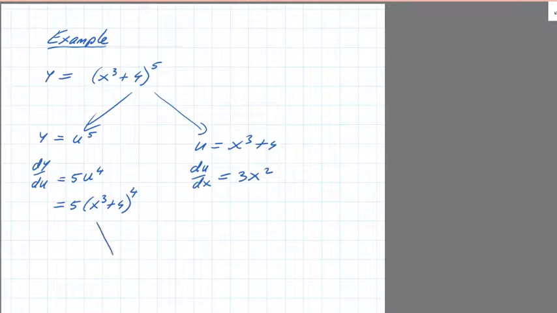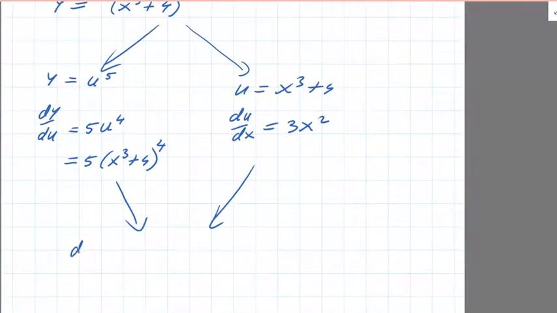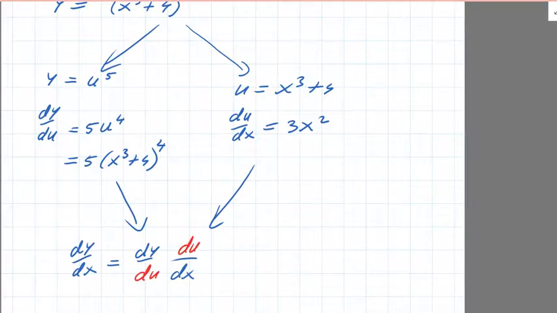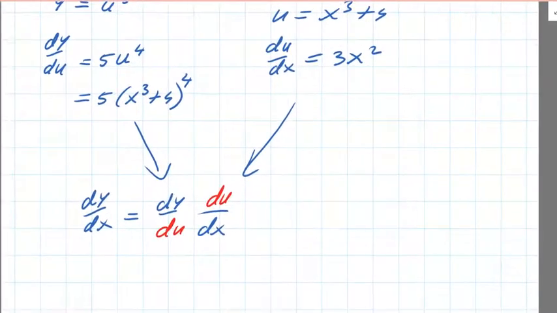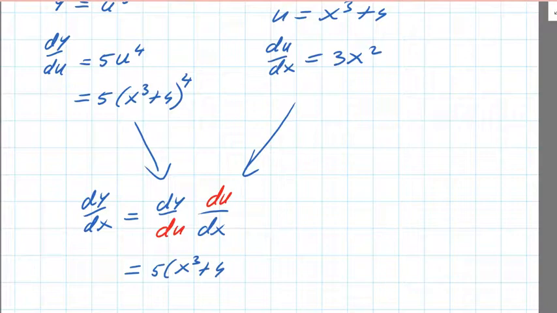And bring them back together, of course, with the chain rule. So you have dy/dx is equal to dy/du times du/dx. You bring in a du to chain them together. And the final answer is dy/du, 5 into x cubed plus 4 to the power of 4, by du/dx, which is 3x squared.